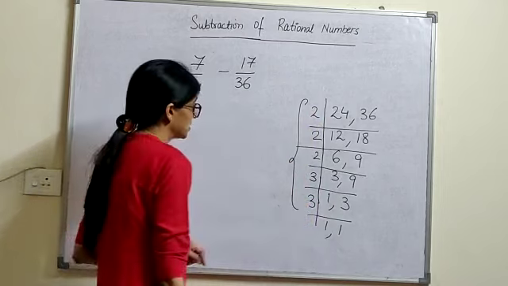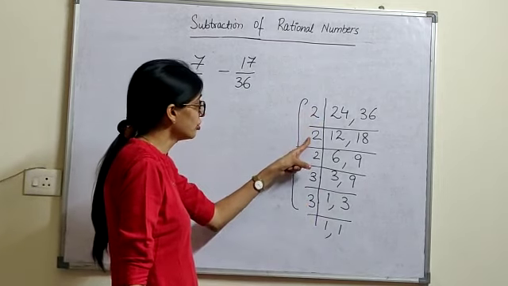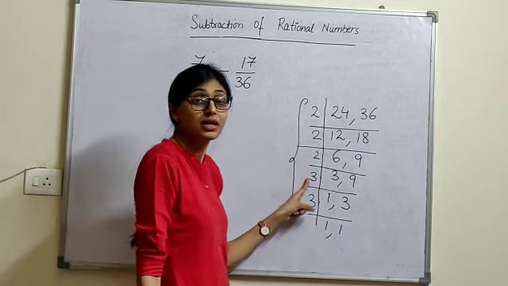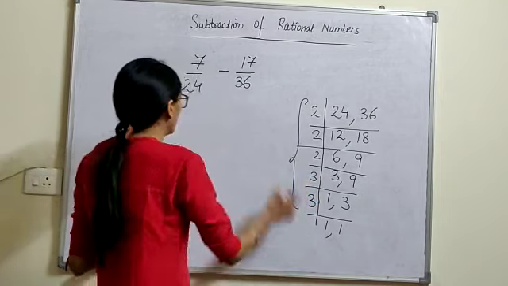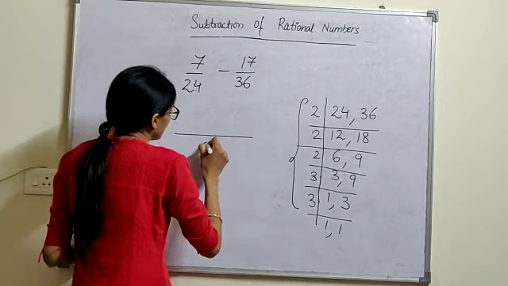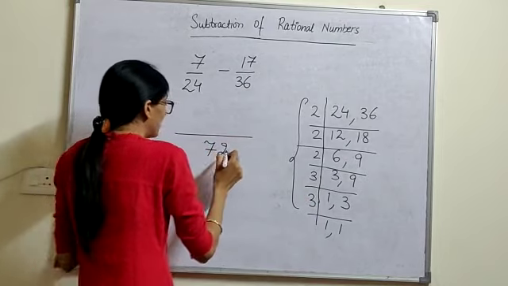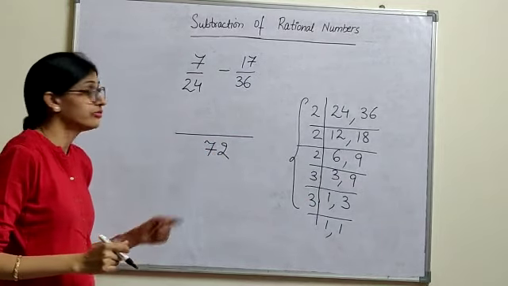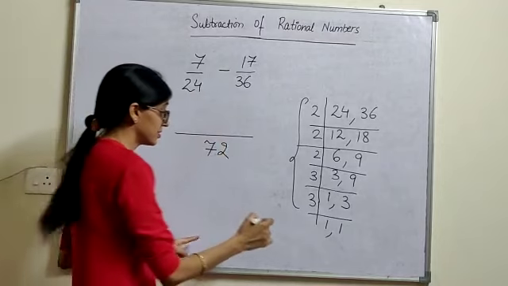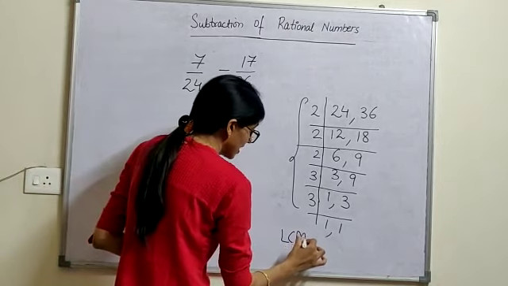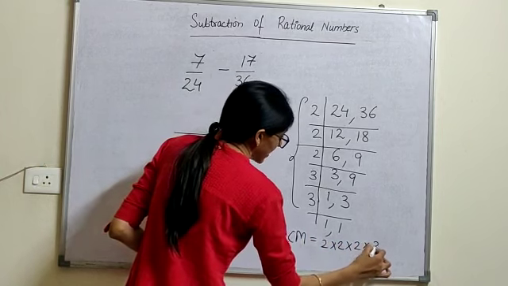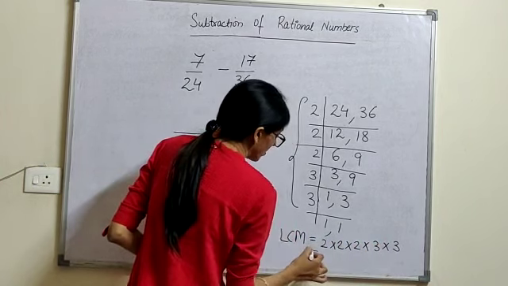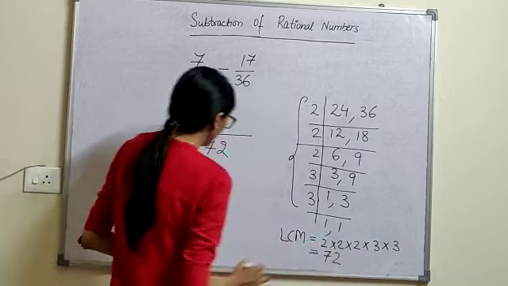Multiply these numbers. 2 2s are 4, 4 2s are 8, 8 3s are 24, 24 3s are 72. So what will be the LCM? 72 will be the LCM of both these numbers. You can write down here 2 multiply 2 multiply 2 multiply 3 multiply 3 gives out 72.